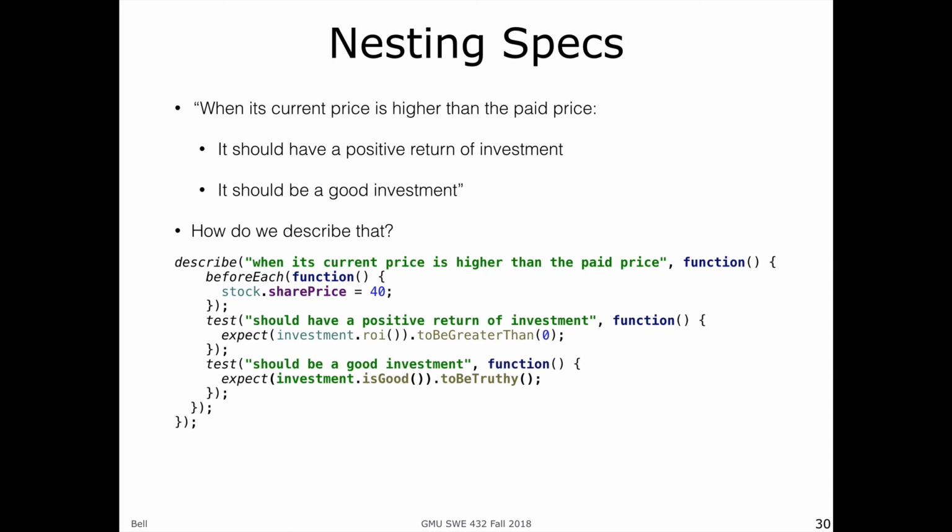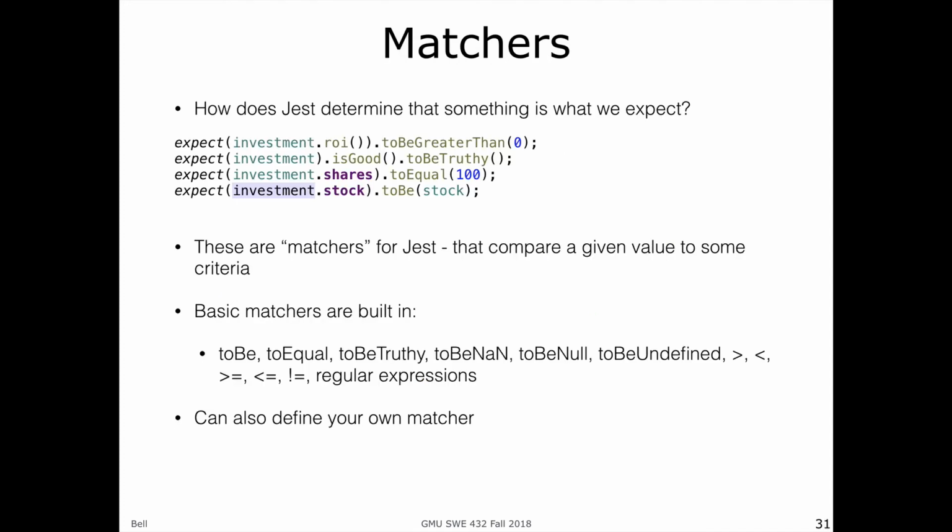Maybe last thing with jest, conceptually, that we want to talk about are the matchers. So that's this part here, where here it said to be truthy, and here we said to be greater than. So when we tell jest that we want it to expect something, we can use what are called matchers, which are going to compare some given value back up against some criteria.